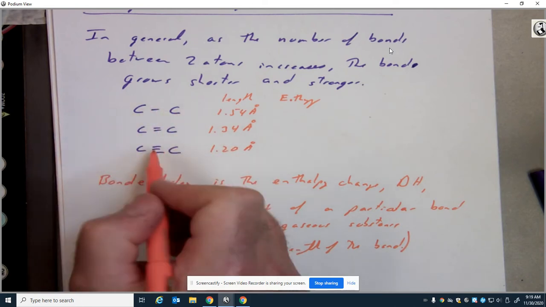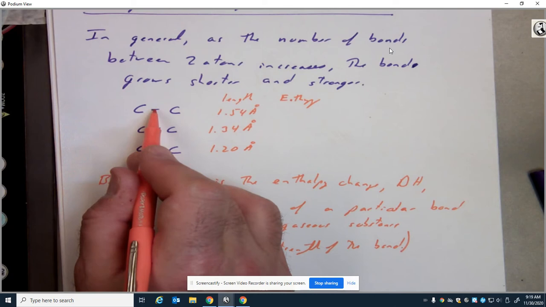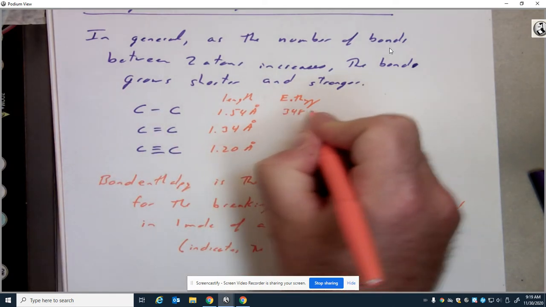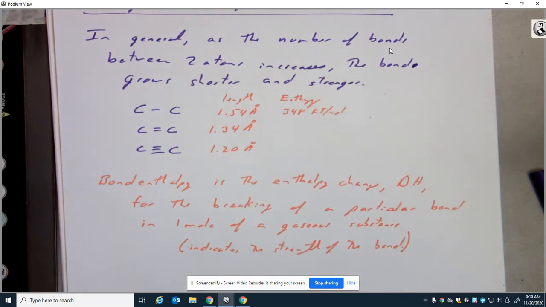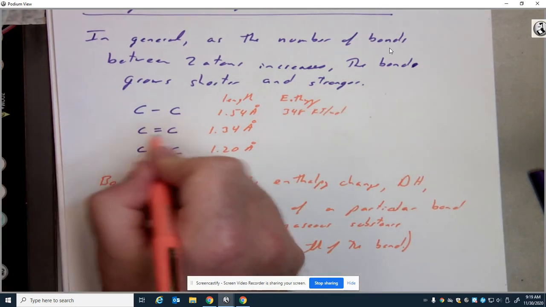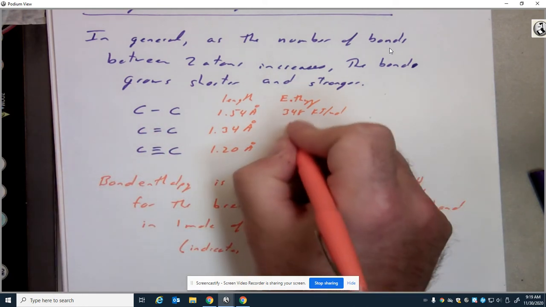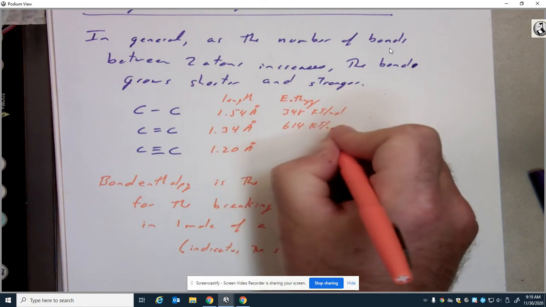Now, what's happening to the strength of this bond? Okay, well, how much energy does it take to break that bond? It takes 348 kilojoules per mole. How much energy would it take to break a double bond between two carbon atoms? It's quite a bit more, 614 kilojoules per mole.